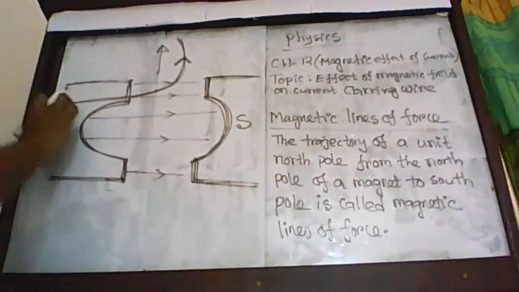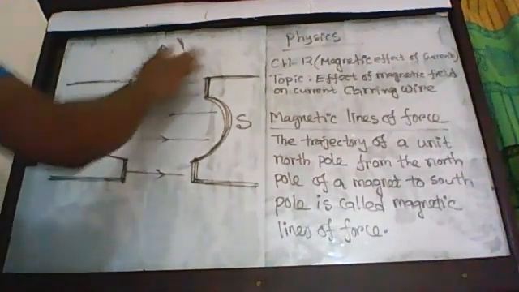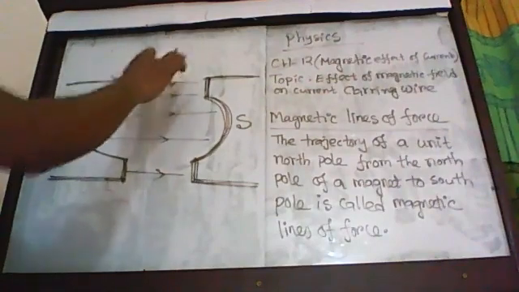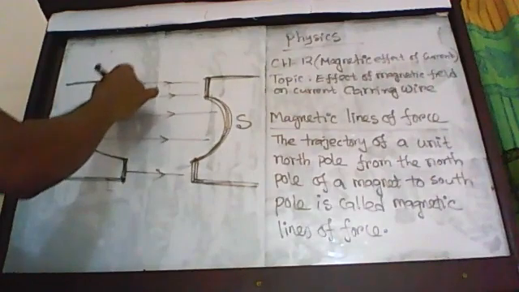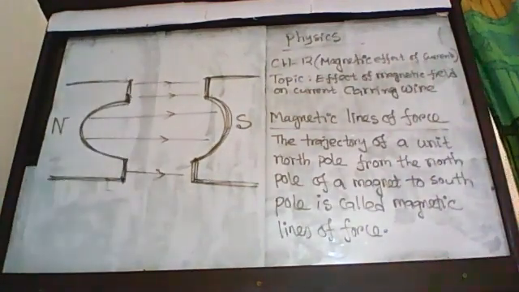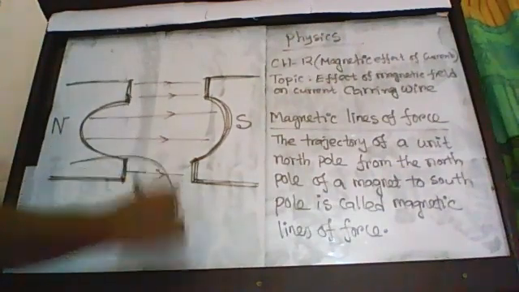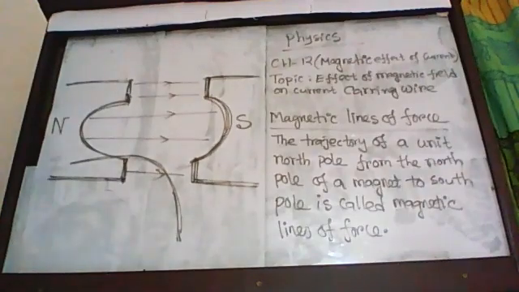Now let's see what is happening if I put this current carrying wire at the bottom part of this horseshoe magnet.